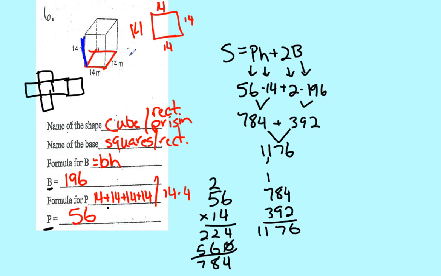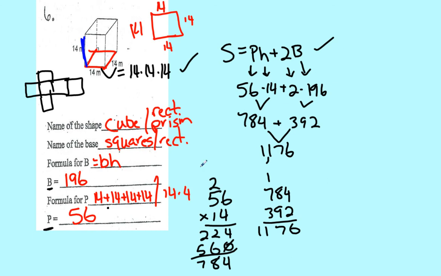The problem I saw a lot of people do on this is they forgot that we're actually doing surface area, and they just did volume. They said, what's 14 times 14 times 14? Which is close, but you're solving for something else. If we're looking for volume, this would be perfect. But with surface area, we've got to be using this formula here.